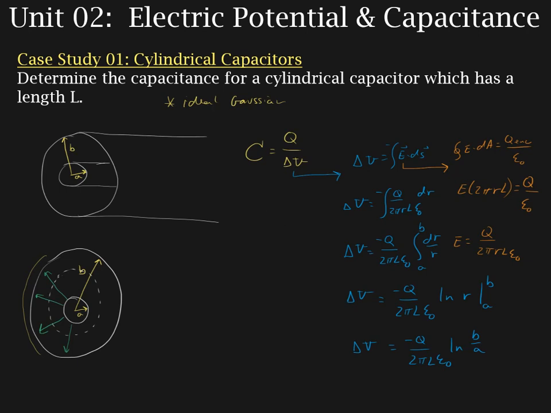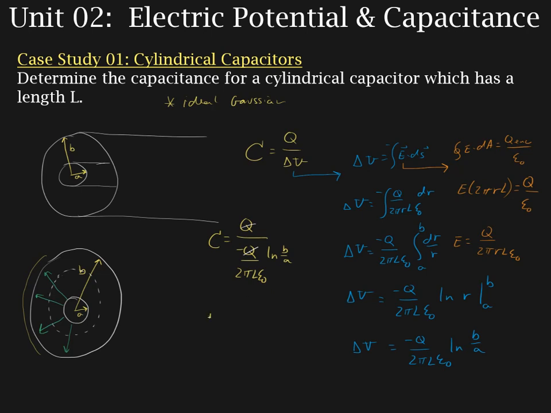And therefore we get the capacitance is equal to Q over minus Q divided by 2 pi L epsilon naught times the natural log of B over A. So the 2 pi L epsilon naught goes in the numerator. The Q's cancel out.